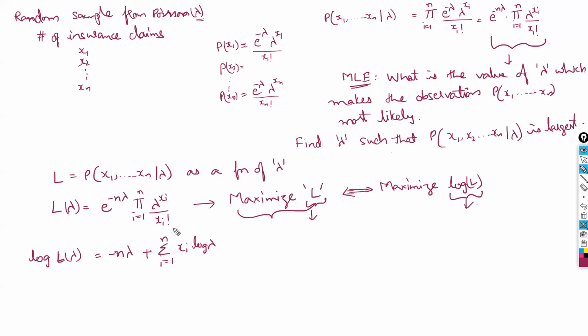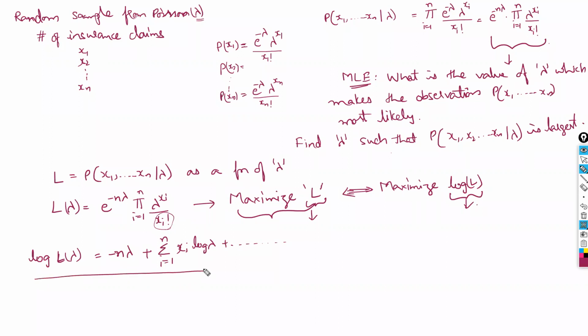This xi factorial will remain the same for all the equations. It won't change, so I'm not representing that simply. Another reason is this xi factorial doesn't include lambda, so we can ignore that.